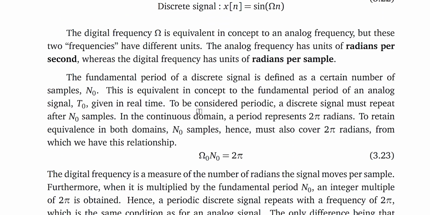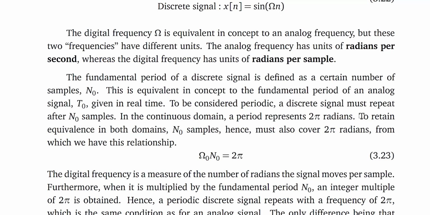Okay, now the fundamental period of a discrete signal is defined as a certain number of samples instead of a certain time like we would do for an analog signal. And so to be considered periodic, a discrete signal must repeat after N0 samples. So that's sort of the definition of what a periodic discrete signal is. In the continuous domain, a period represents 2 pi radians.